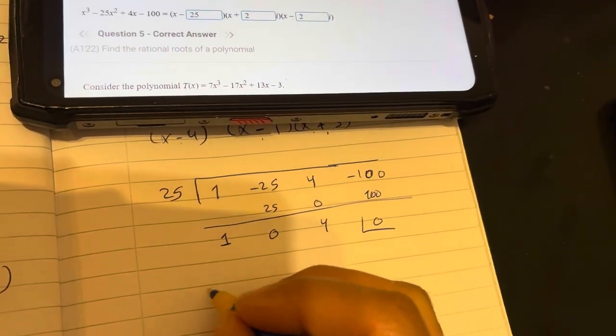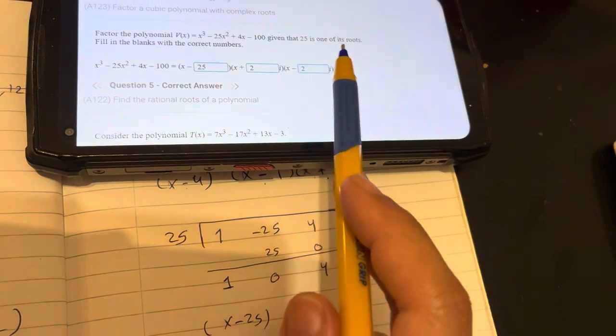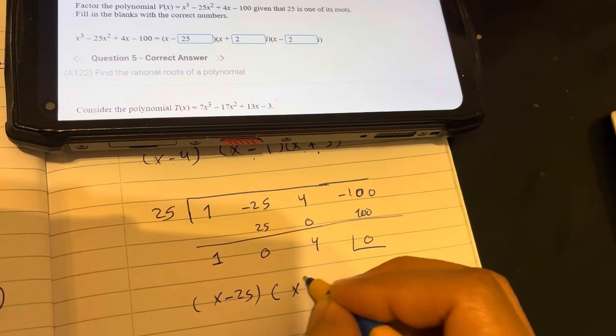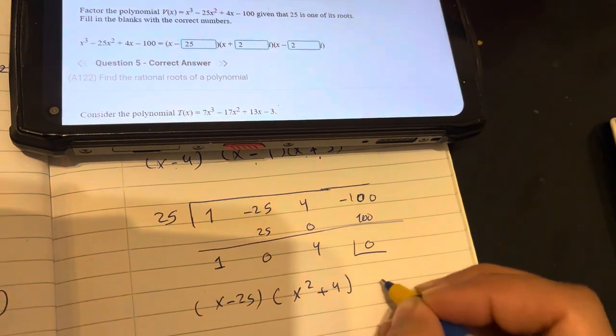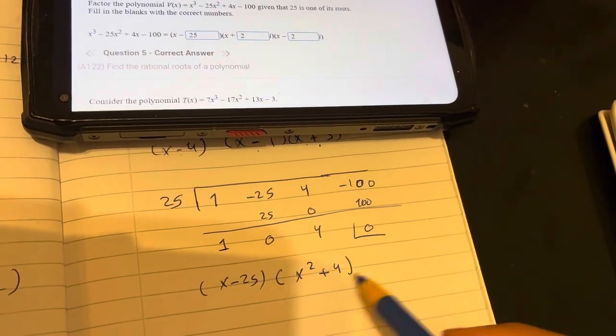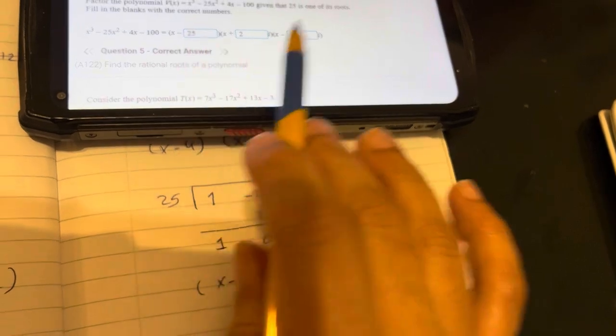So you have x minus 25 as one of the factors, because he already gave it to you. And you have here x squared, x is 0, so plus 4. This is the other factor of this equation. So you need to get the other two roots.